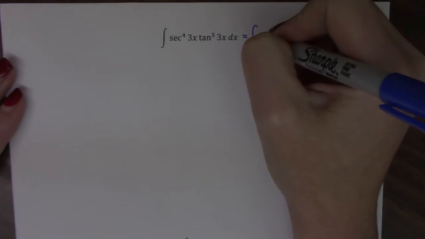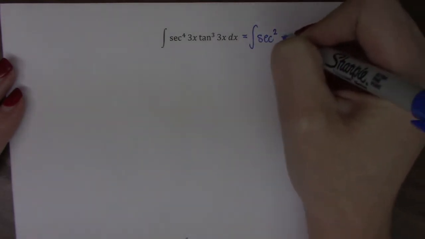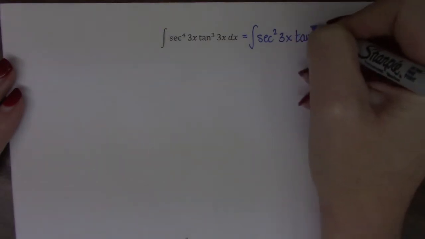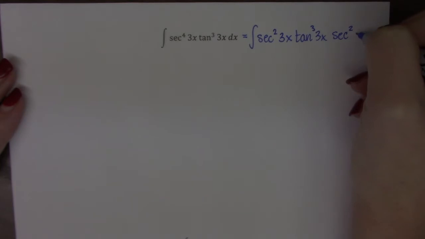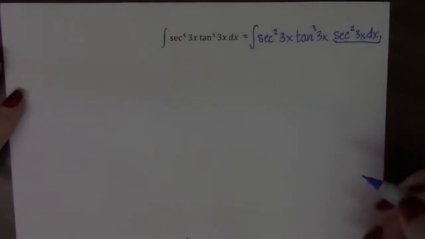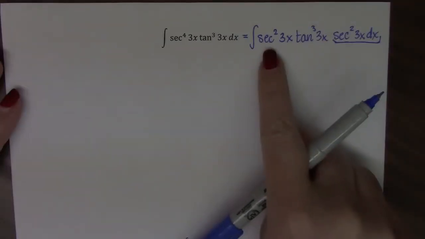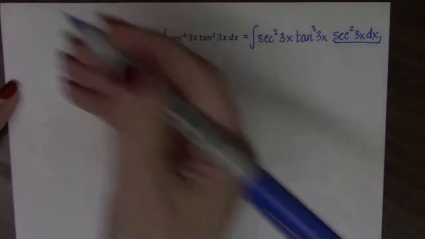So if I remove one secant squared, I'm left with secant squared 3x, tangent cubed 3x, and then here's my secant squared 3x, and this is going to become our du. So then I need to convert the remaining secants into tangents.